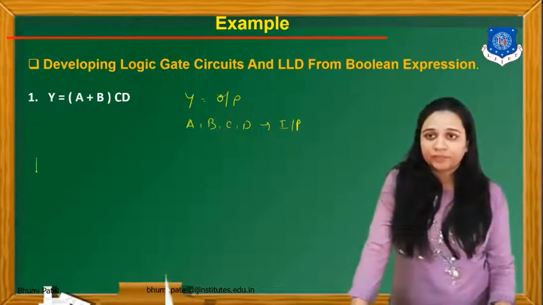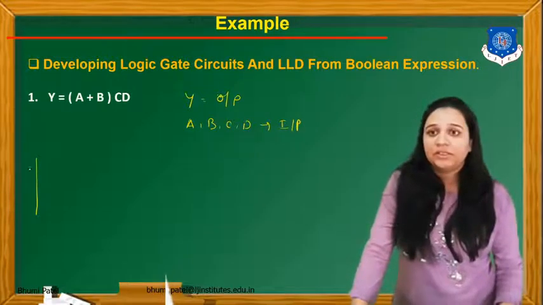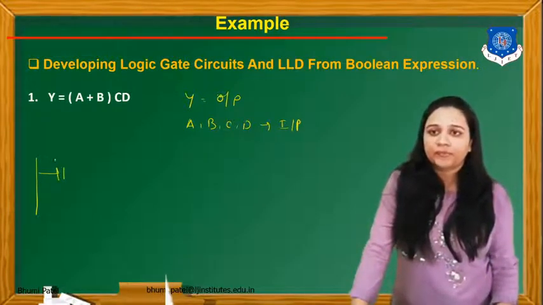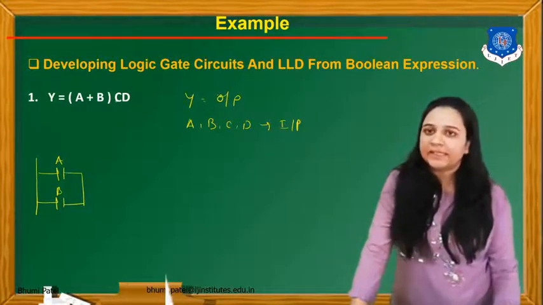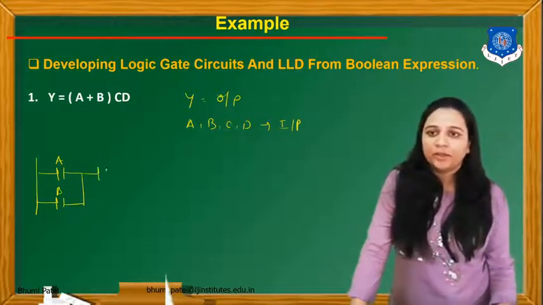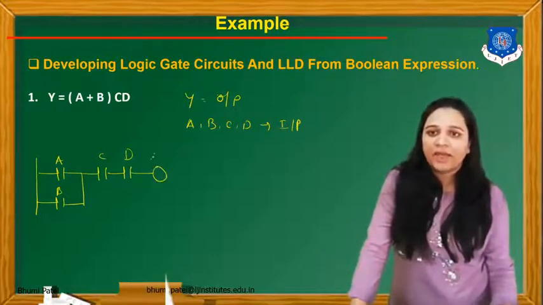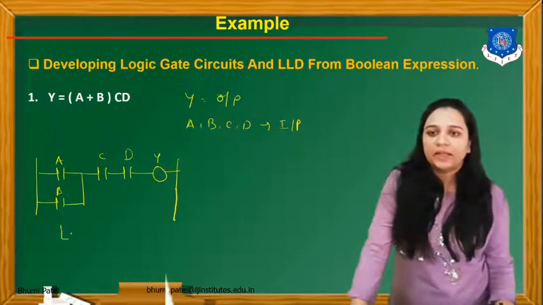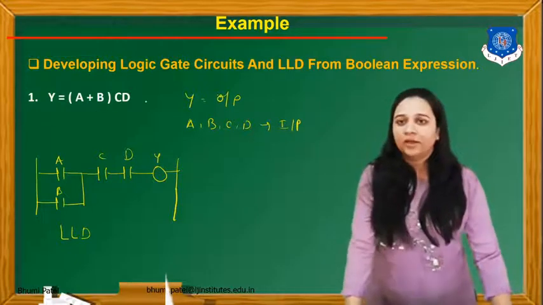For a plus b, we put the inputs a and b in a parallel manner. Then into c into d, that means the third input is c and the fourth one is d. Both are put in series connection and y is my output. So this is my ladder logic diagram for the particular Boolean expression.